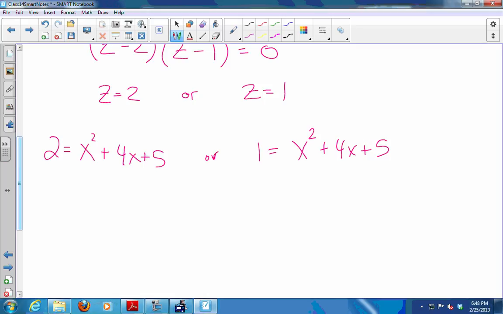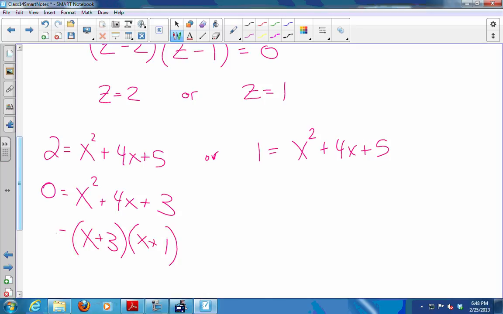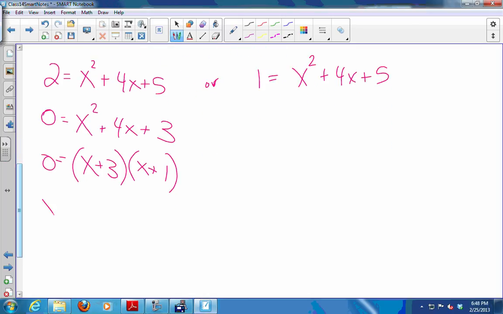Does that factor? To what? Oh, I gotta move the 2 over. Okay, equals 0. Move the 2 over, and then that factors to x plus 3, x plus 1. And so I get x equals -3 or x equals -1. So there's 2 solutions.